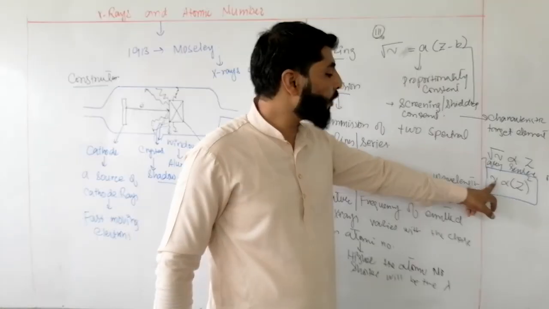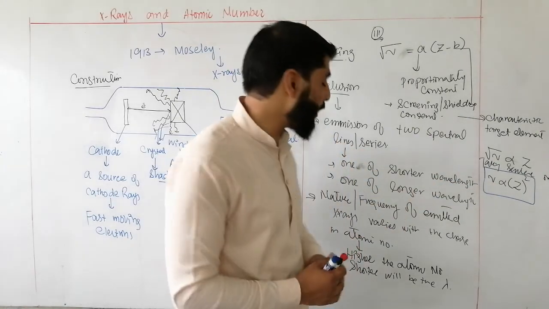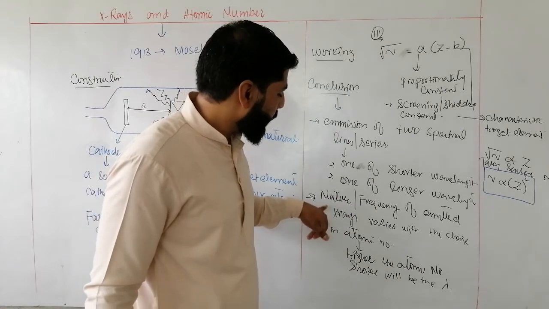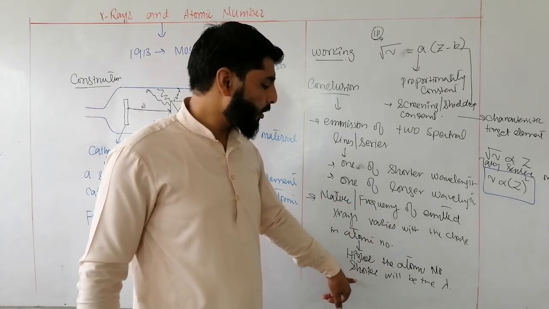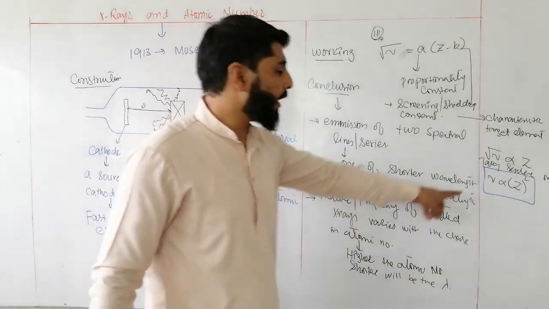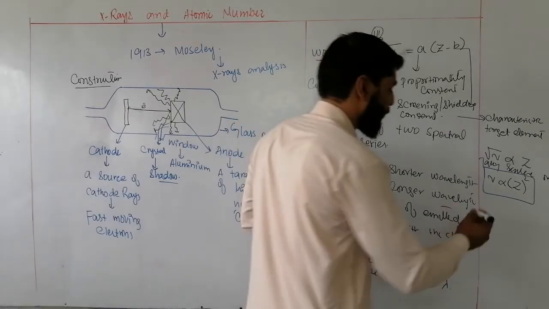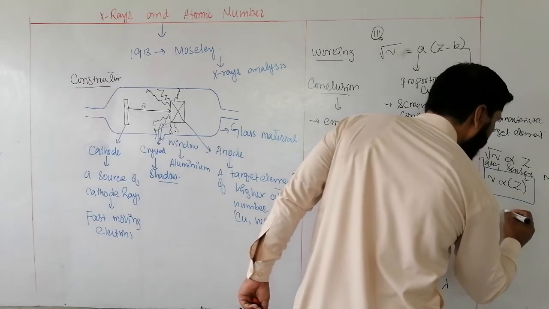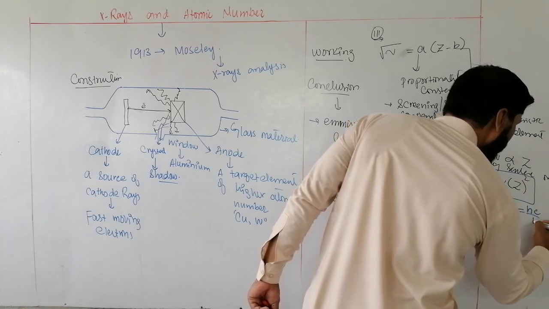And if frequency is greater, then wavelength will be shorter. It means the nature of X-rays varies. Higher atomic number, shorter will be the wavelength. Greater the frequency, shorter will be the wavelength. As we have read, E is equal to h nu or hc over lambda.